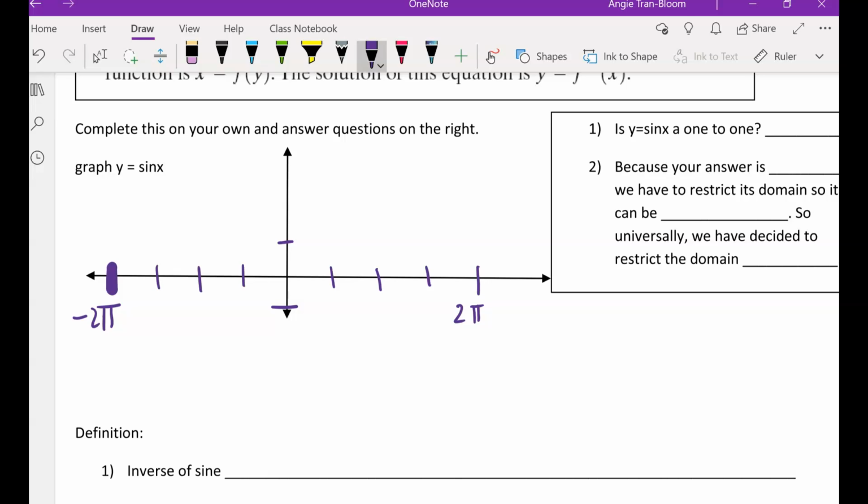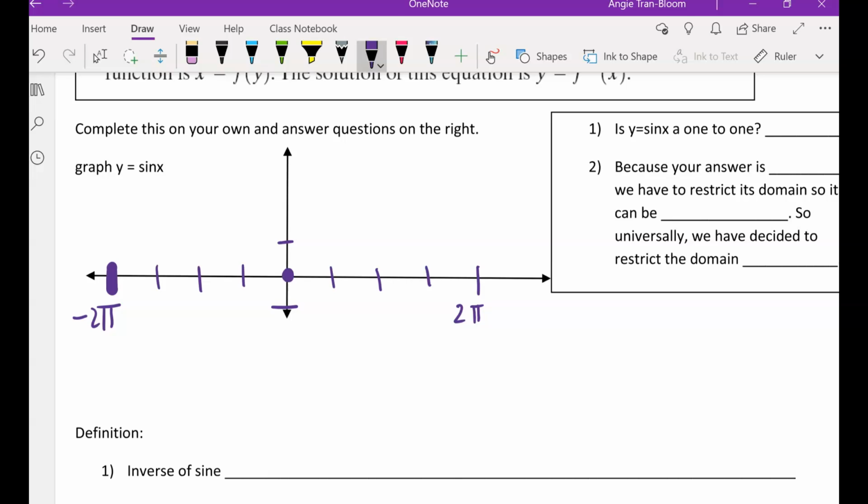Okay, Liam, what's sine of 0? Do you guys agree? Yeah. Perfect. 0 is 0. Dot right there in the middle.